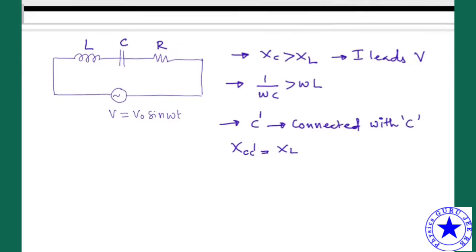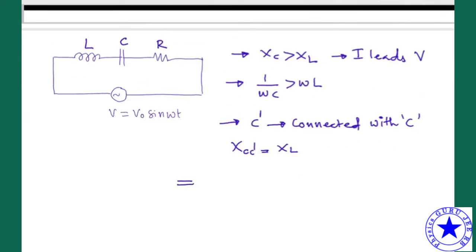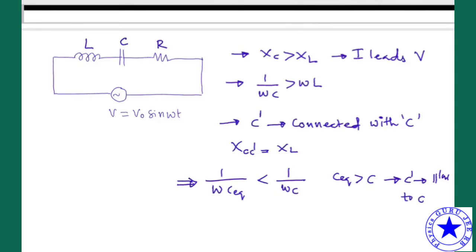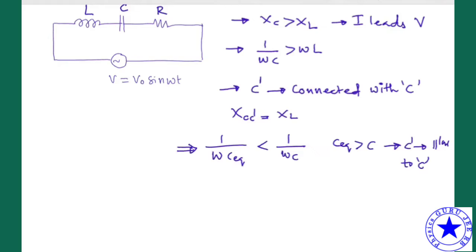So according to the problem, 1 by omega C equivalent should be less than 1 by omega C. So as C equivalent is greater than C, C' should be connected in parallel to C. Here, what is C equivalent now? C equivalent can be written as C plus C'.